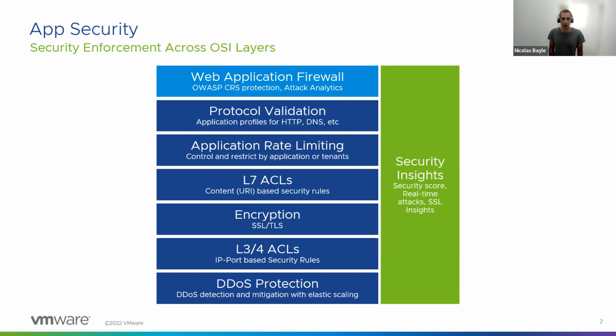One big thing is also application rate limiting. So we have many criteria. You will see where we can rate limit the traffic toward your application. We are doing also protocol validation. So we want to make sure that when we receive something from the client of your application, it's a clean request. It's a legitimate request.